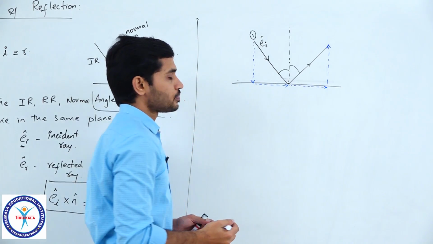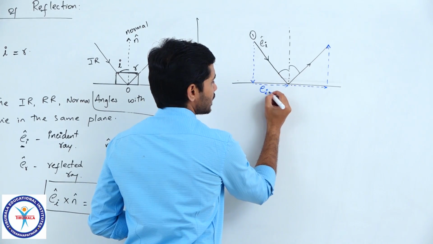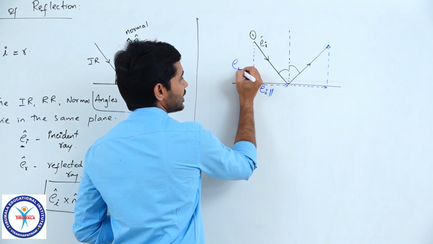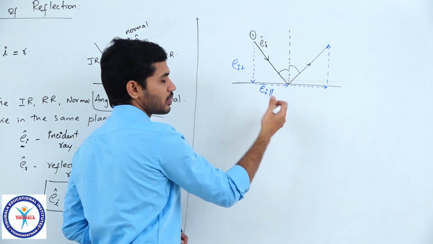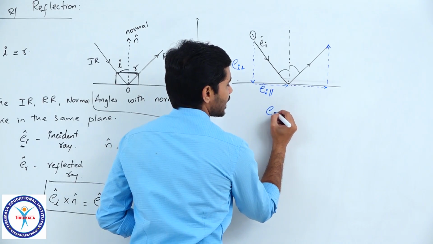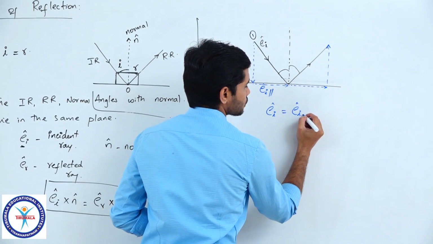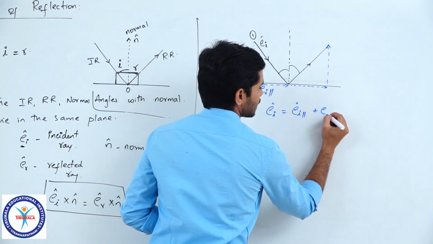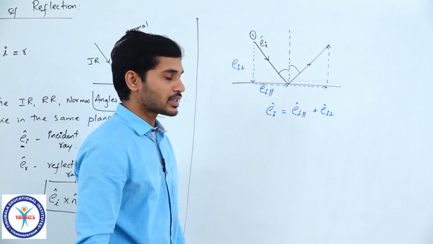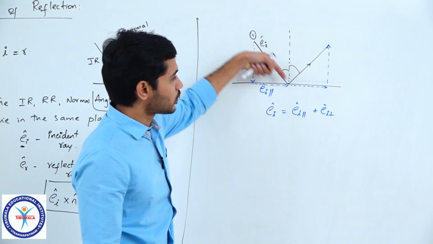I will call this EI parallel, and I will call this one EI perpendicular to the surface. Now, I can write EI cap as EI parallel plus EI perpendicular. So, just this vector plus this vector is equal to this vector.